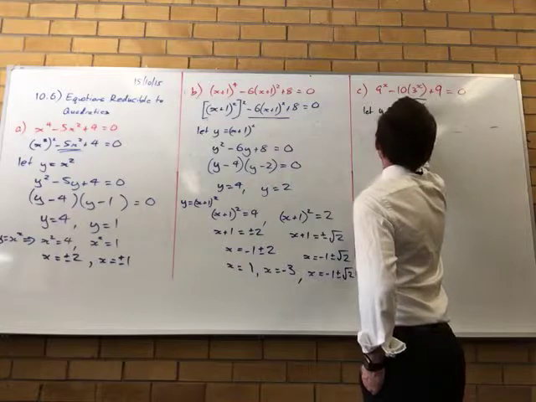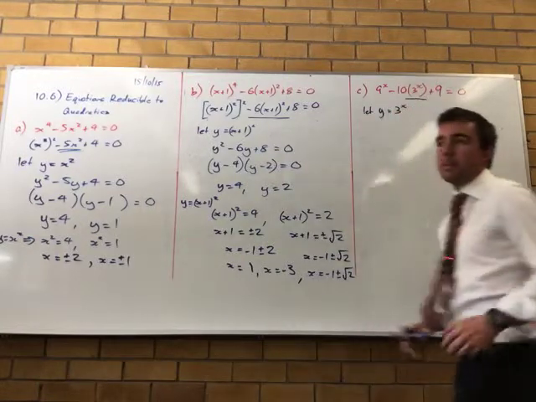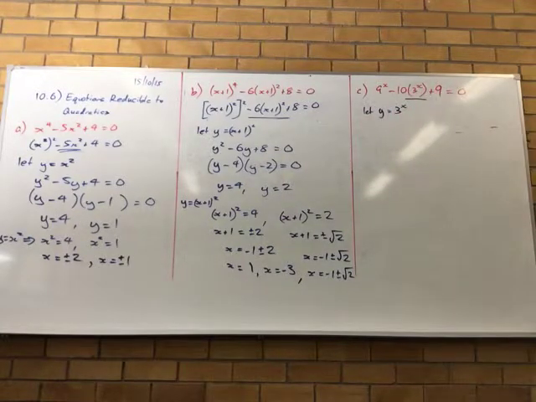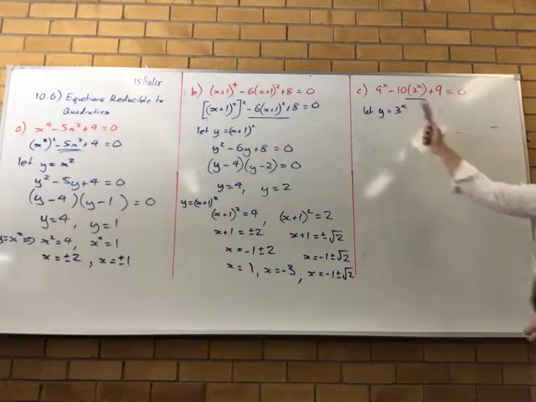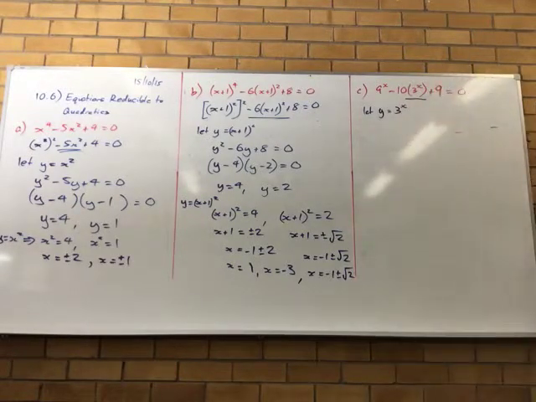y equals 3 to the power of x. Now, how can I rewrite 9 to the power of x so that I can use that substitution? 3 times 3, okay, is 9.